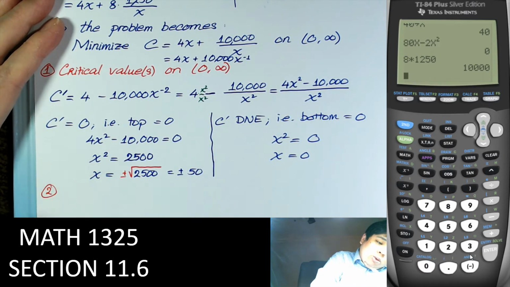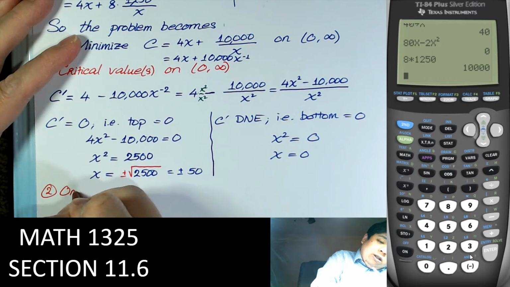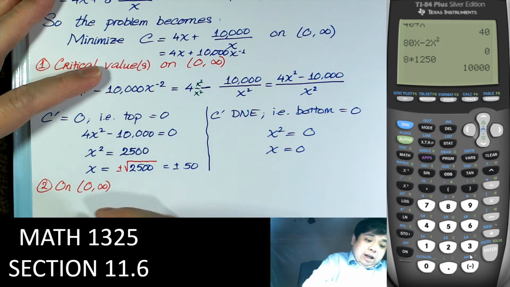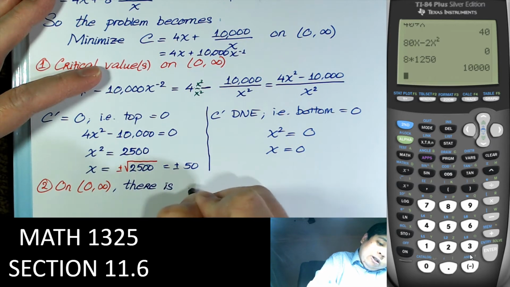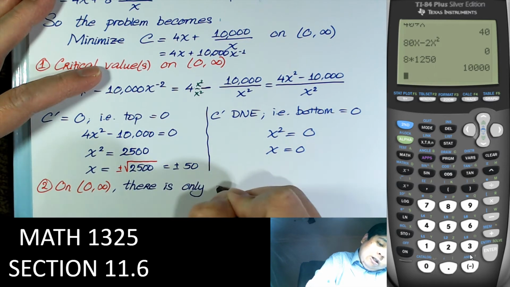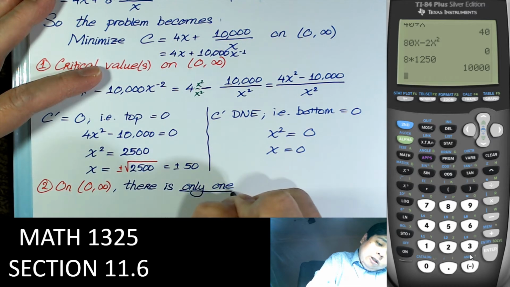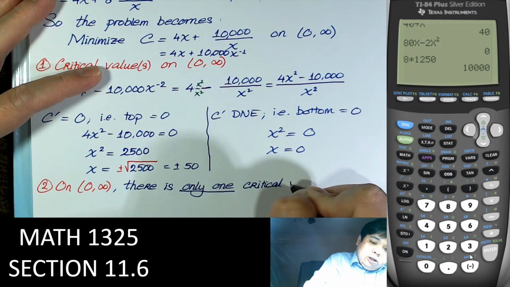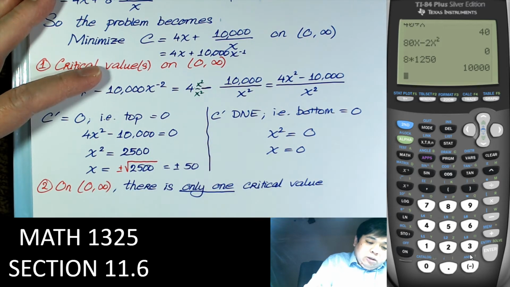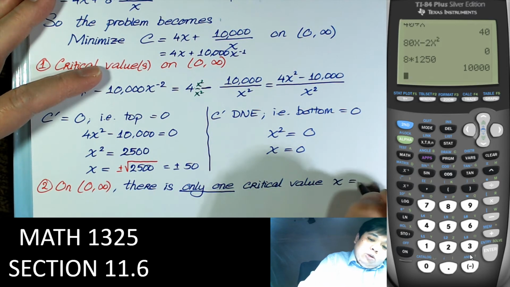Rule number 2. On the interval, there is only one critical value, x equal to 50.